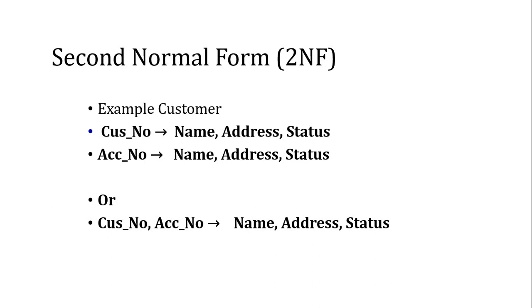On the left hand side is the determinant. So if customer no. is the determinant, name, address, and status are dependent on the customer no. If we say the account no. is the determinant, name, address, and status are dependent on the account no. Or if we say customer no. and account no. both are determinants, then name, address, and status are dependent on the customer no. and account no.